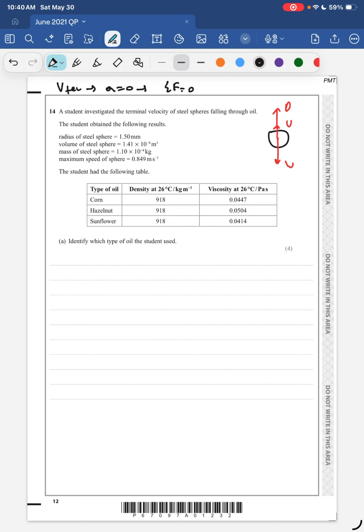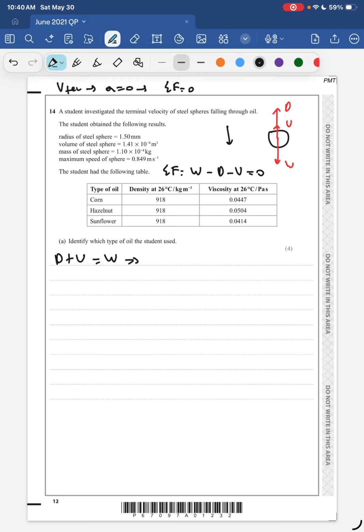Okay, so you see that sigma F, if we take down as the positive direction since the ball is falling down, is weight minus drag minus upthrust, and this is zero. Okay, so the equation is drag plus upthrust is equal to the weight.